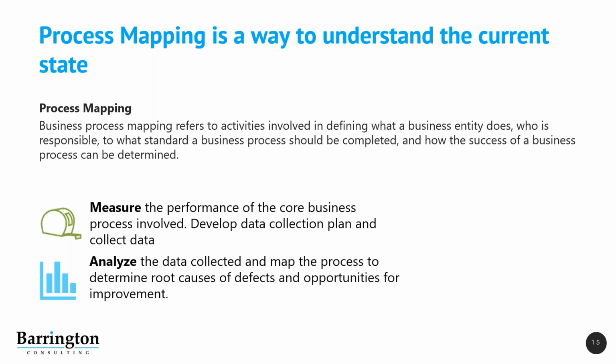Often in Lean Six Sigma, in the measure and analyze phases, the earlier phases of the project, it's a way of documenting and understanding the current state process, how it exists today, not how we want it to exist, but how we complete the series of activities and who does those activities in the business today. This allows us to find the areas of opportunity, the wastes that we might seek to remove so we can provide more value to the customer.